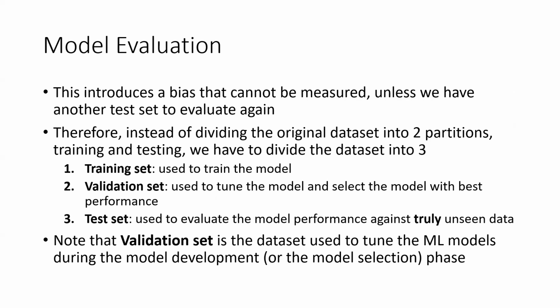The only way to avoid this issue is using another data set for the actual test, for getting the numbers, but for model selection, that means when we have many models, in order to find the best model, you should not use the test set.